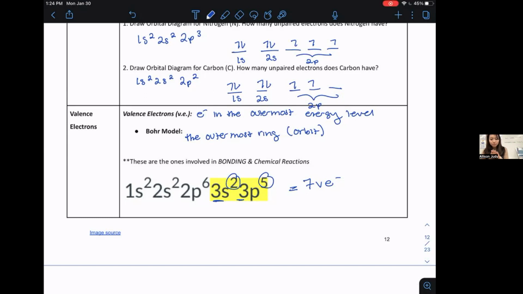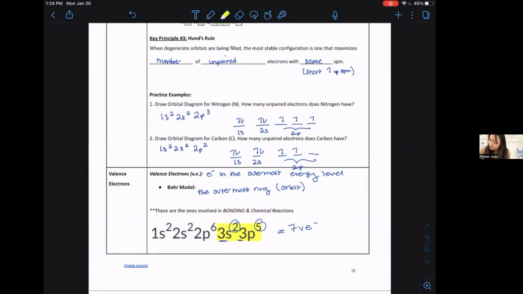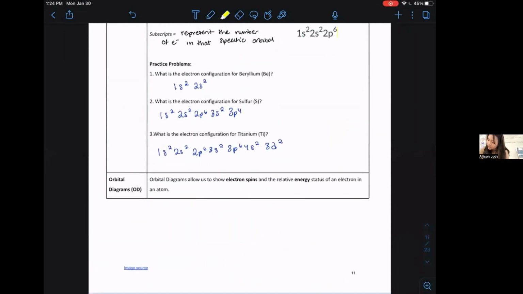So, when we look at our previous examples, our valence electrons are these 4, these 5, titanium, this 2. Hold up. That's not the last one in my electron configuration. You're right, but it is the highest energy level.